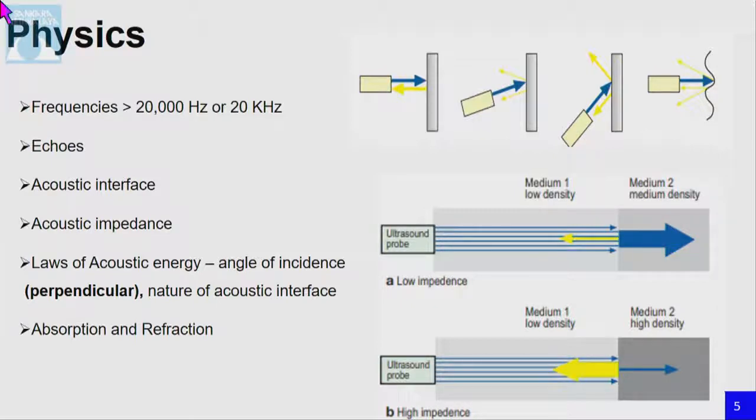Whenever we use a B-scan, if the probe is perpendicular to the structure of interest, we get a proper echo from that structure. If the sound beam is not perpendicular, a highly reflective structure may not produce the echo anticipated. So like any sound wave, ultrasound also undergoes absorption and refraction. So the returning echo may also suffer all this.